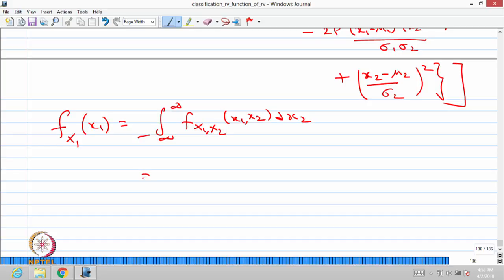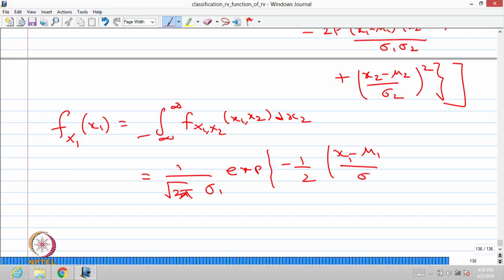If you simplify, you will get the answer, that is 1 divided by square root of 2 pi sigma 1, exponential of minus 1 by 2, x1 minus mu1 divided by sigma 1, whole square. So this is the marginal distribution of the random variable x1.